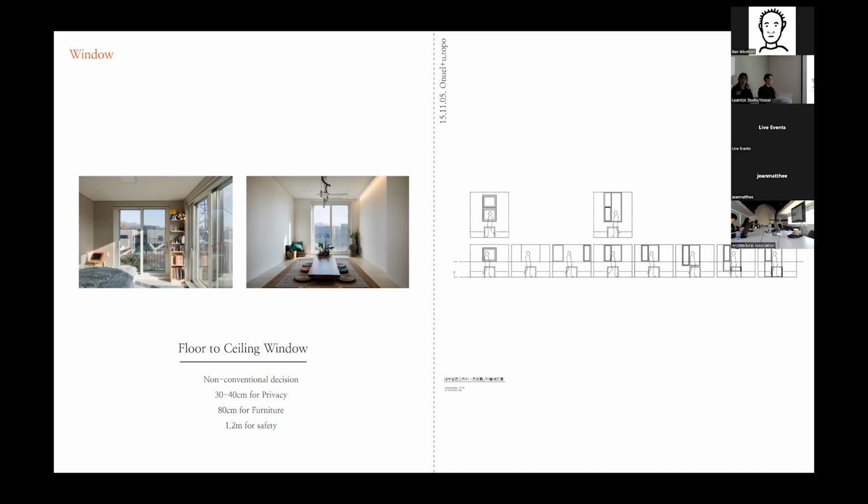We usually, in the apartments where we live, have it in the living room or master bedroom, but the other rooms have this 80 centimeter or 1.2 meter wall and a smaller window because of the privacy, because of the cost. It is common, I think, sometimes in other parts of the world, but it wasn't really typical.